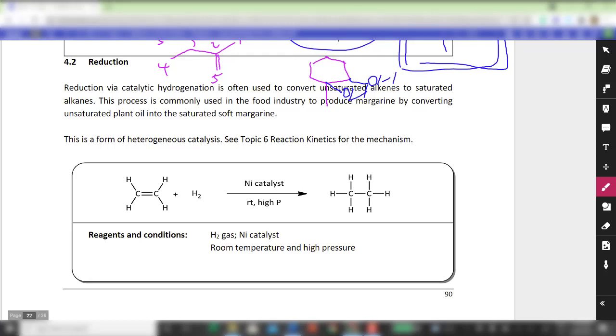You can use palladium, platinum, nickel, you can even use rhodium, ruthenium, but take note that different metals may require slightly different conditions. In our notes, we just give you nickel, which takes place at room temperature. I think this is easier to manage.